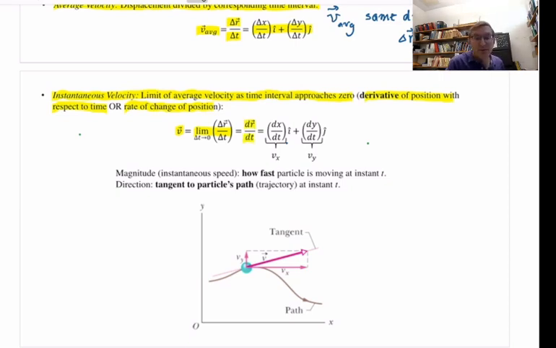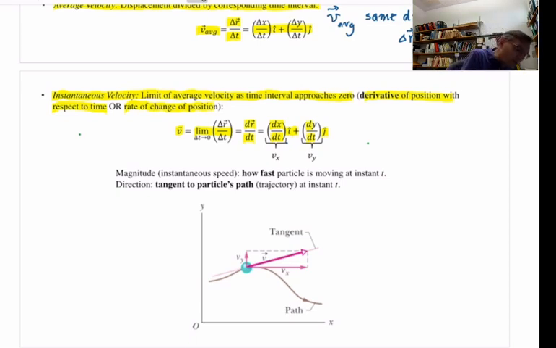Now, I'll give you a little bit of a shortcut thing to note. What that really means to do is, because you got to deal with components, do the derivative of the x-coordinate with respect to time and multiply it by i hat, plus the derivative of the y-coordinate with respect to time and multiply it by j hat. You have to do those 2 derivatives.